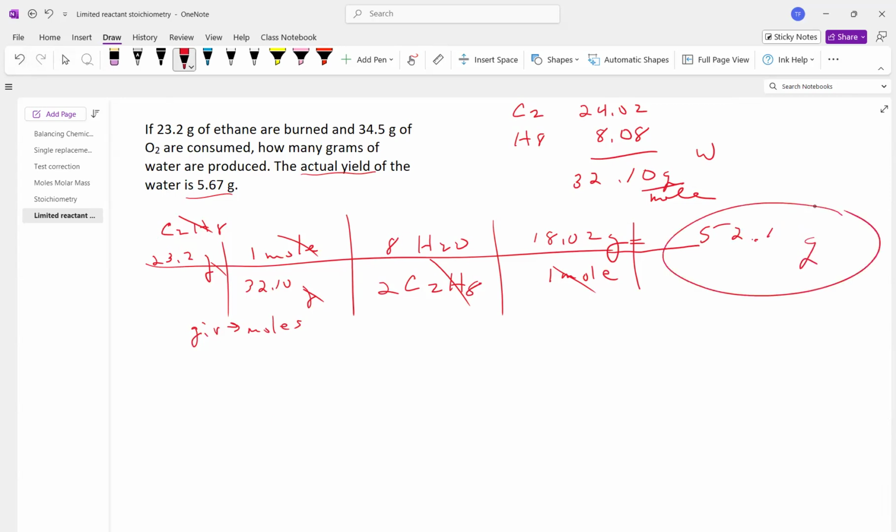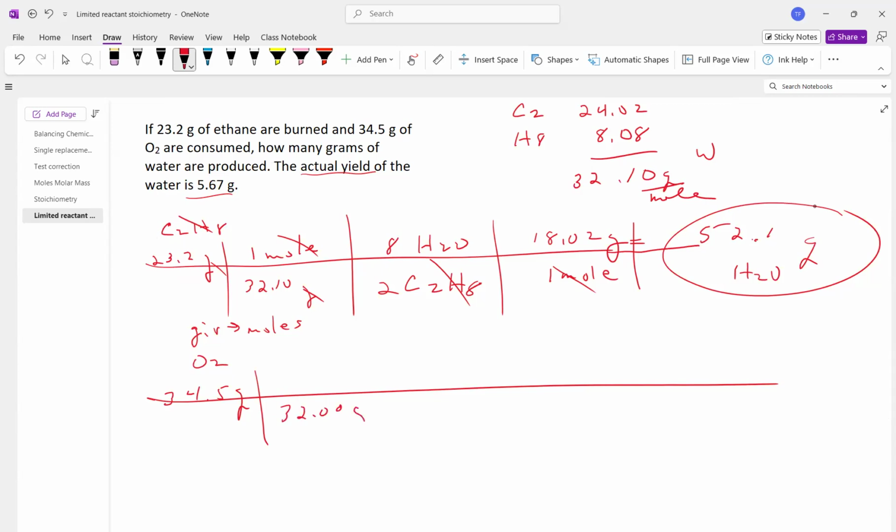All right, so using the ethane to start with, we'd end up making 52 grams of water. Okay, if we started with the oxygen, this is the O2. Oxygen is 16 grams per mole, and there's two of them, so that's 32 grams.